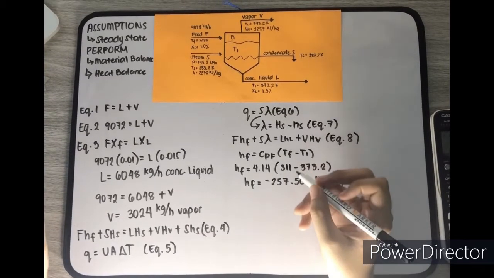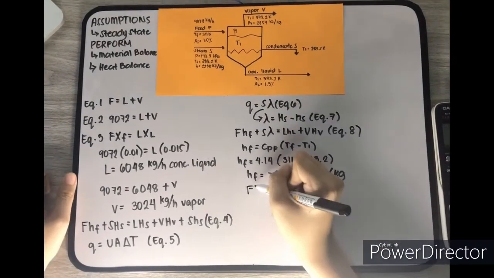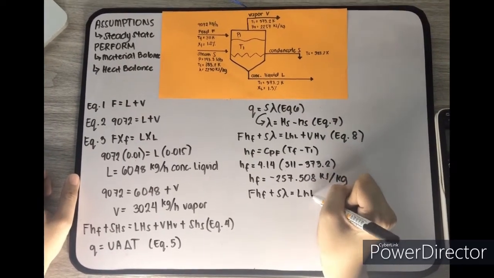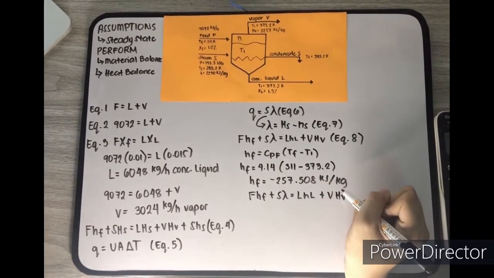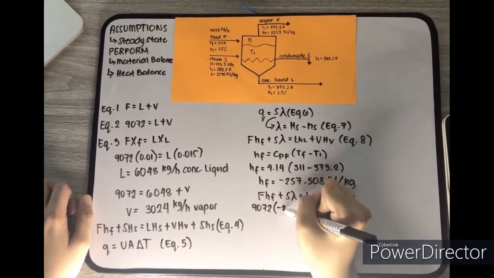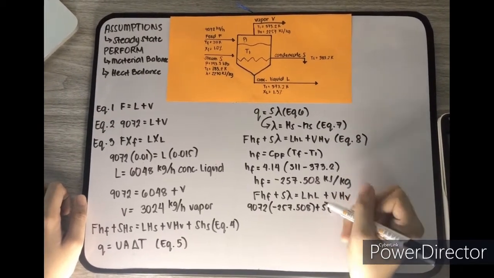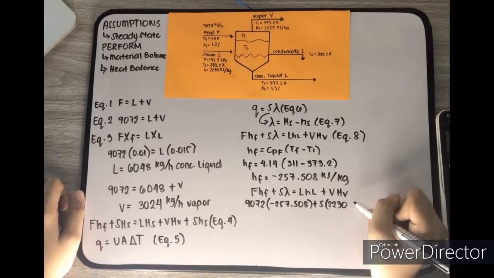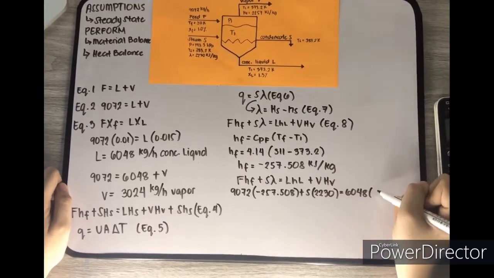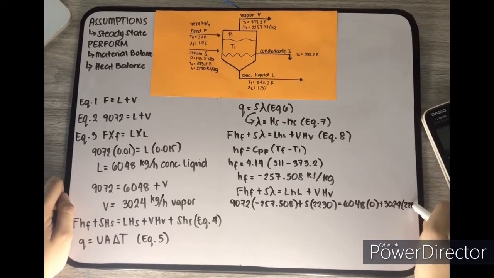Substituting these values to equation 8, we can now solve for the value of S, in which F HF plus S times latent heat is equal to L HL plus V HV, which is 9,057 times negative 257.508 plus S times 2,230 is equal to 6,048 times 0 plus 3,024 times 2,257.